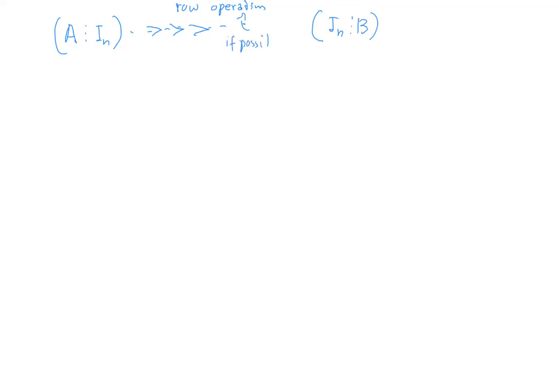Nobody says that it will necessarily be possible, but if it is possible to bring it to this form, then what appears on the right is the inverse of A. There are more than one ways to explain this, but the way that I'm going to explain it now is the most conceptual one.